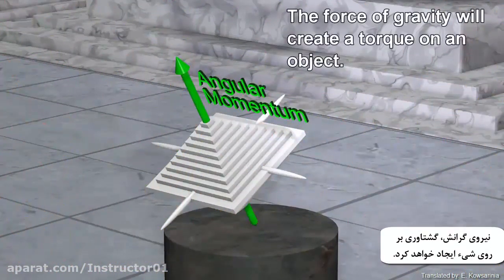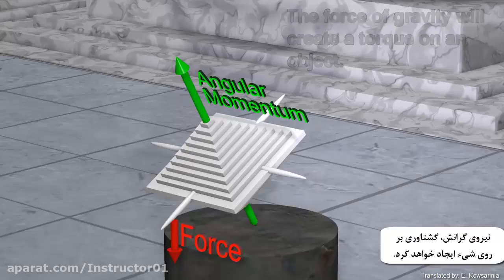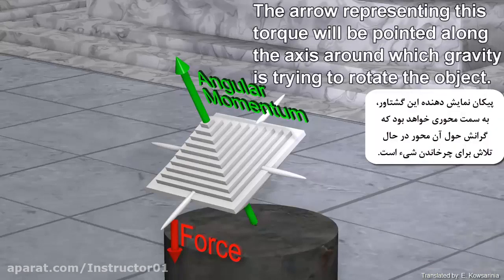The force of gravity will create a torque on an object. The arrow representing this torque will be pointed along the axis around which gravity is trying to rotate the object.